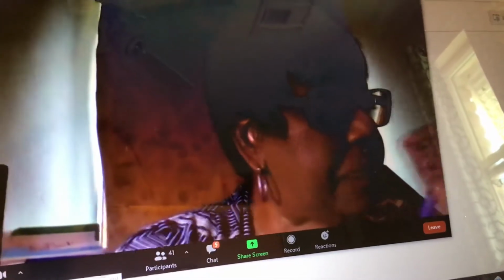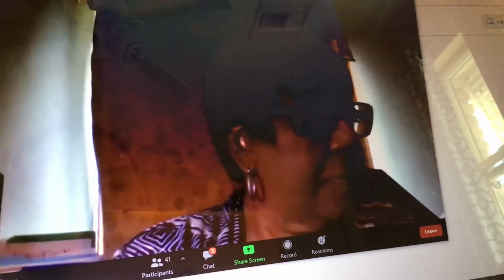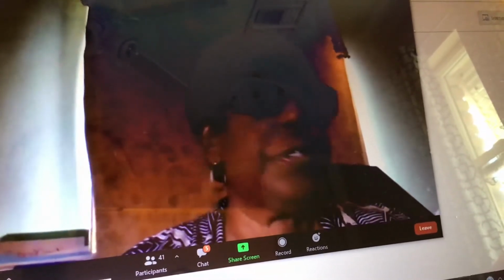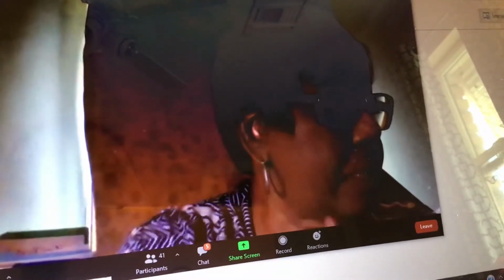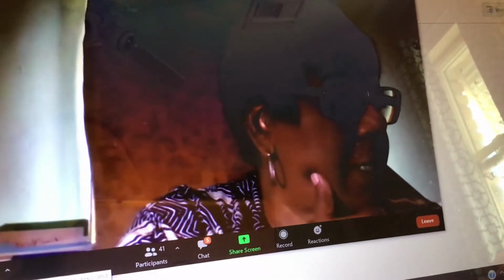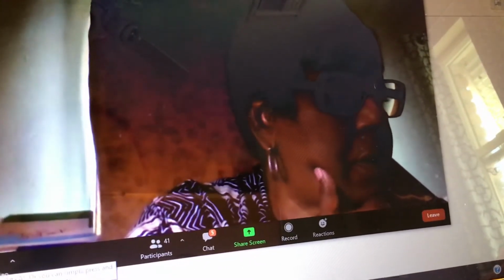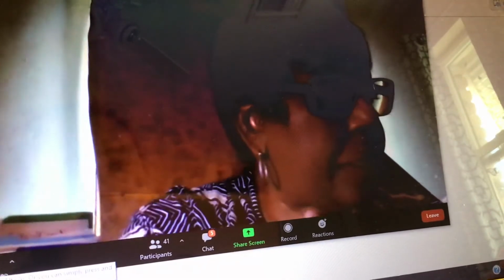All right. So pretty much, some of you haven't been in ICU yet, but you're going to monitor the vital signs. You're going to put them on a cardiac monitor. You're going to monitor the blood pressure and your heart rate.